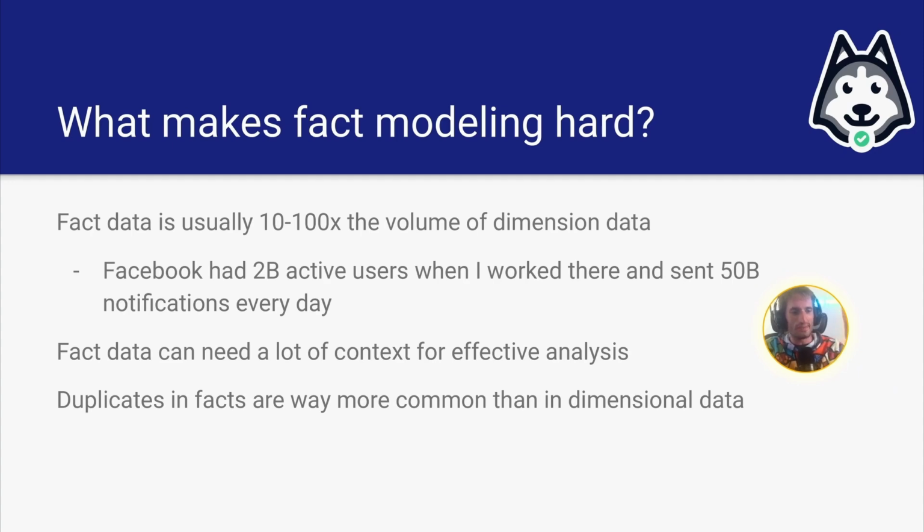You need to be able to dedupe a lot of these records when you're working with fact data, because if you don't dedupe, your metrics are going to look really weird and they're not going to be what you expect them to be. And that is probably one of the most challenging parts of working with fact data, this deduplication step that can cause a lot of pain and frustration. So yeah, let's go to the next slide.